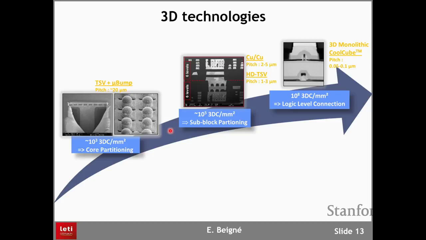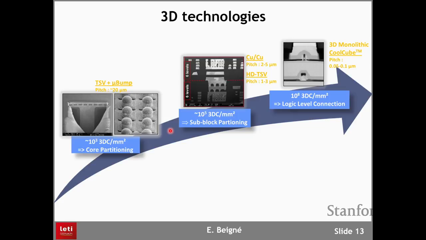the grain of stacking is quite coarse. If you move now to more dense interconnect, you can go to hybrid bonding, which is mainly done today by copper to copper. And here you can see that the pitch that is feasible is 2 to 5 micrometers. We have even demonstrated some hybrid bonding with 1 micrometer pitch. So in terms of interconnect density, it's already quite high.